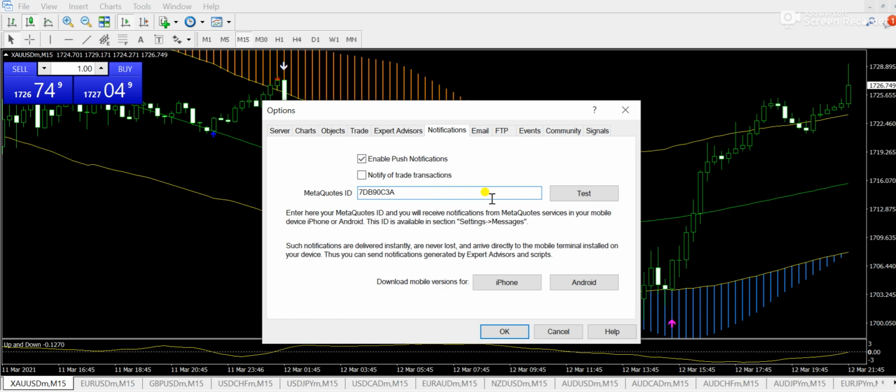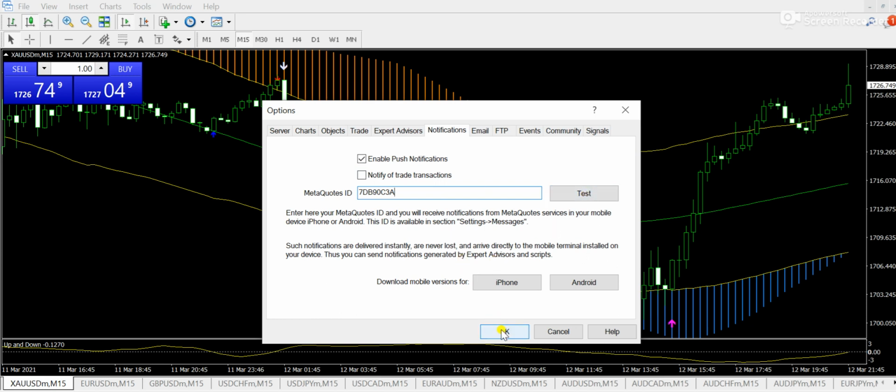Where can you get the MetaQuotes ID? If you go to the settings of your MetaTrader 4 on your mobile, there is a MetaQuotes ID in every MetaTrader 4. Note down the ID from your mobile phone and put it inside the MetaTrader 4 on your laptop, and then press the test button, and it will give a message on your mobile phone.